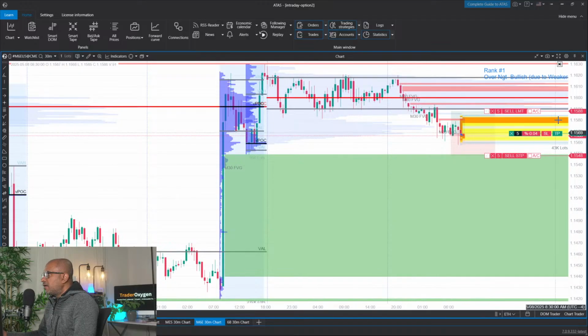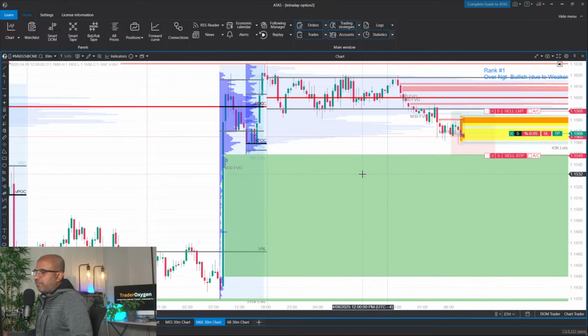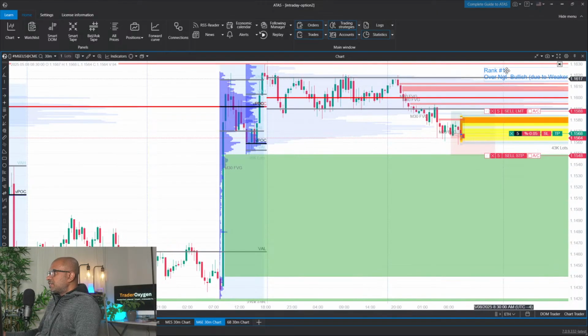Overnight, we are in Euro FX futures, and overnight Euro FX futures is bullish. The reason why it's bullish is because the dollar is weak at the current state.